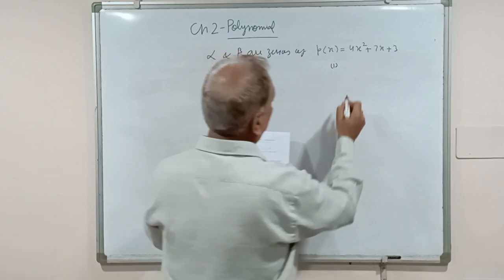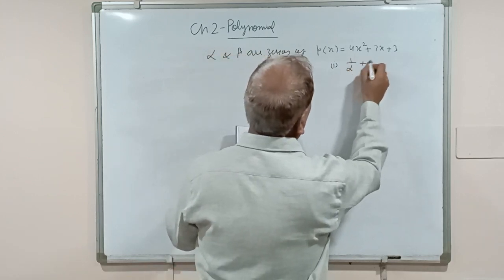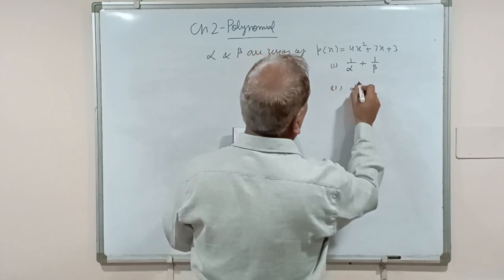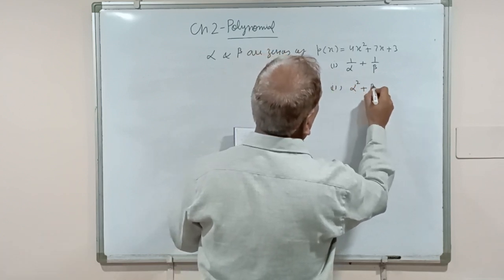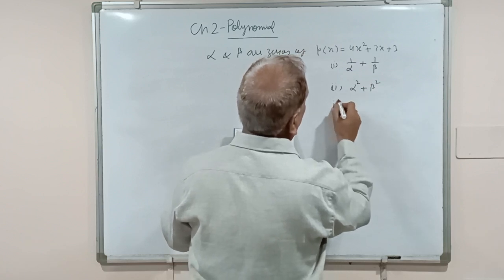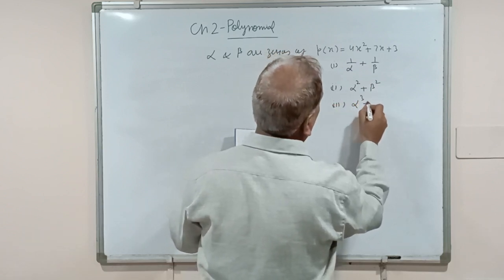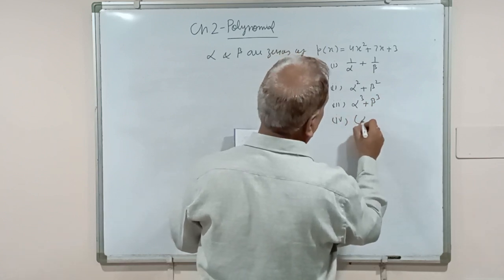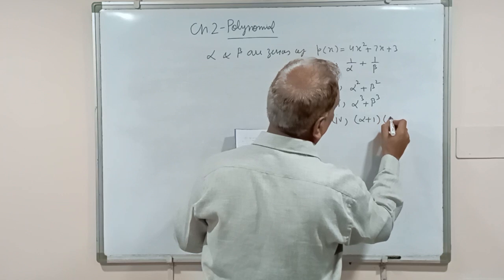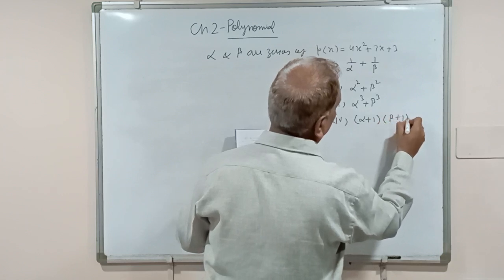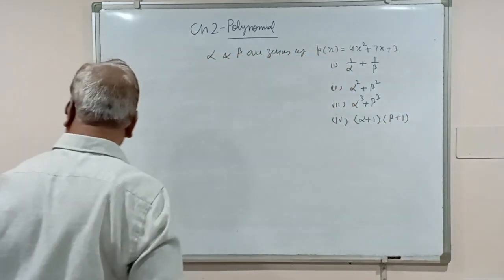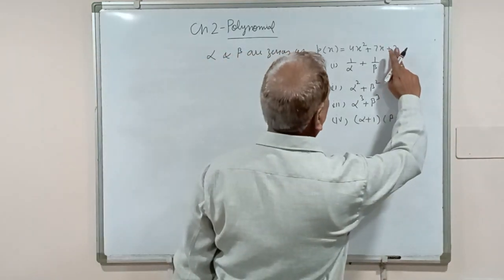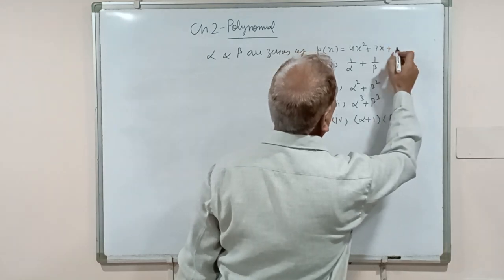First part, 1 upon alpha plus 1 upon beta. Second part, alpha square plus beta square. Third part, alpha cube plus beta cube. And fourth part, alpha plus 1 into beta plus 1. There are 4 parts. In each case, and this will take 2.